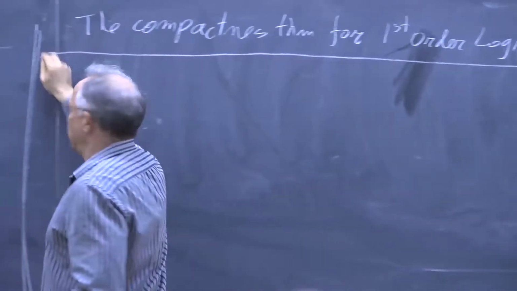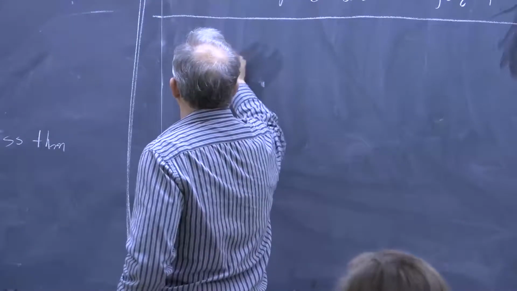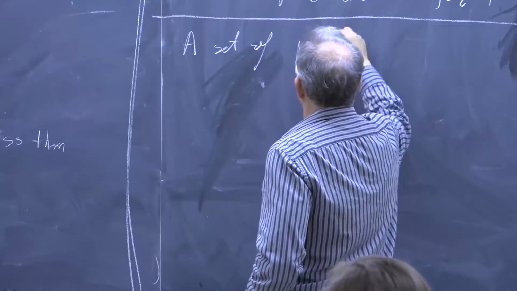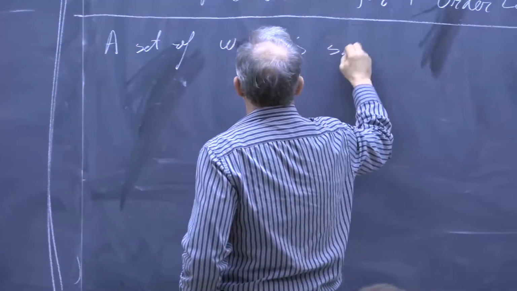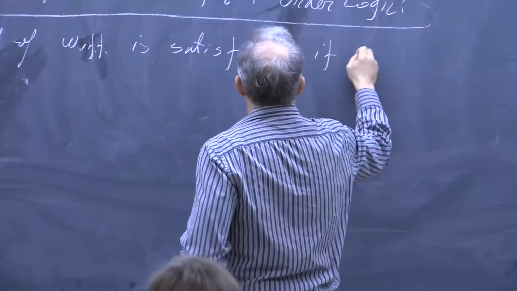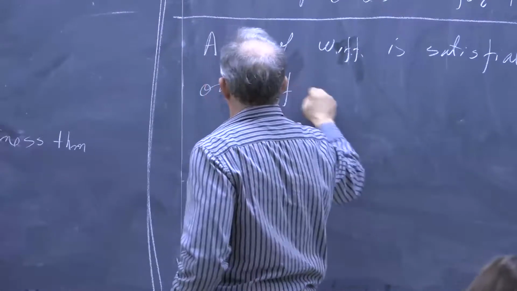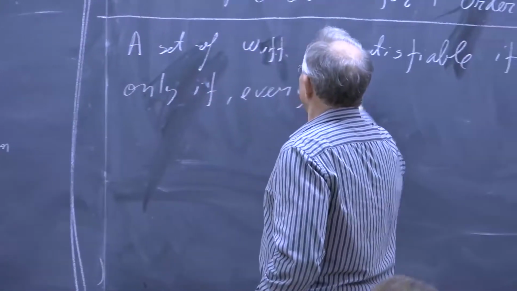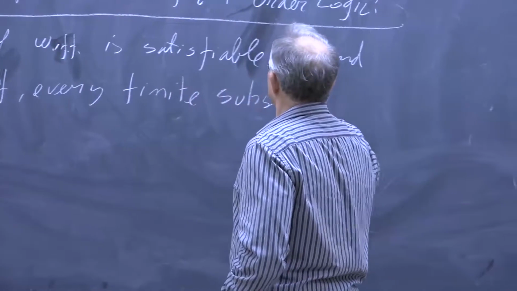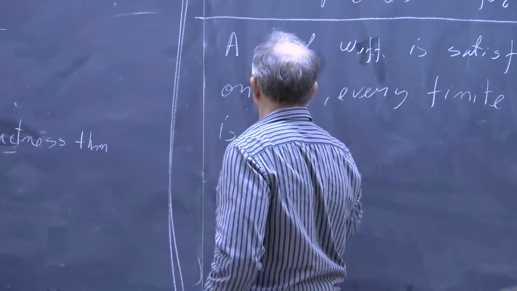It says that a set of well-formed formulas is satisfiable if and only if every finite subset of it is satisfiable.